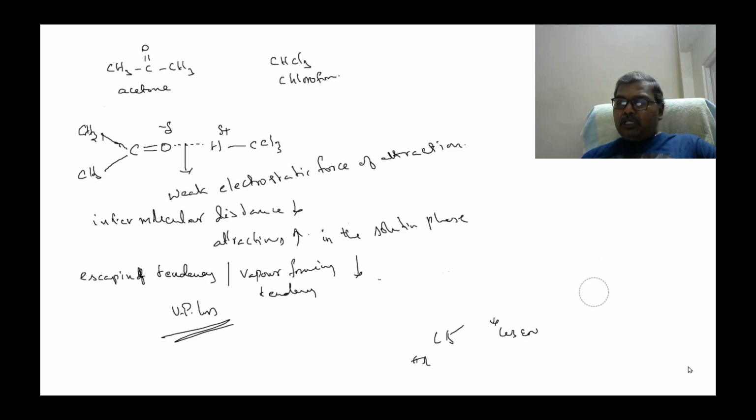For these solutions, PA is less than PA naught XA. PB is less than PB naught XB. P total is less than PA plus PB.